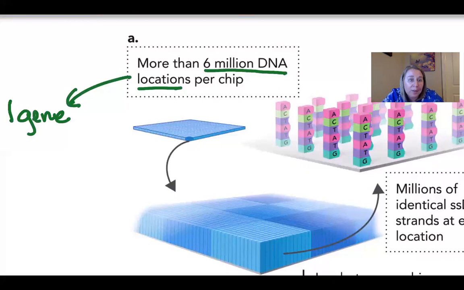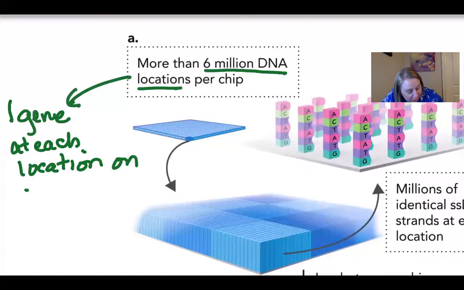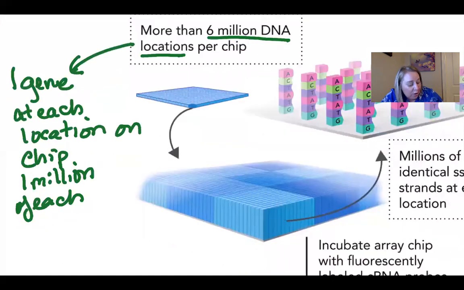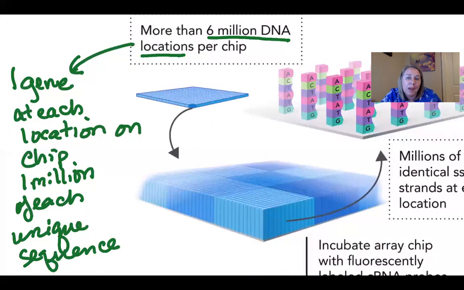So you have more than 6,000 genes on the chip, but at each location on the chip you have about 1 million of each unique sequence. What that means is you have one gene.